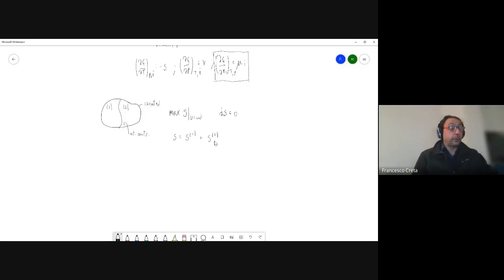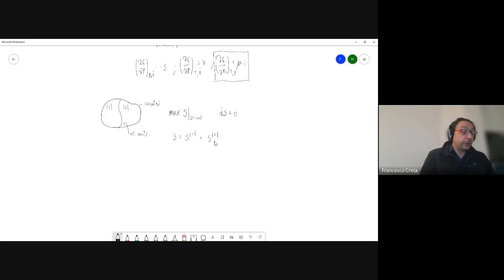So, for example, suppose that this wall here is, for example, rigid and impermeable, okay? So it won't let any volume change or any mass through, but it will let some heat through, okay?